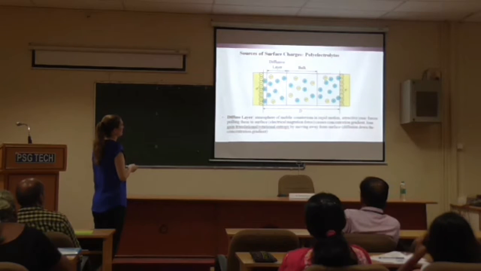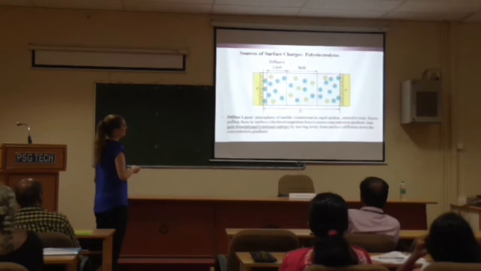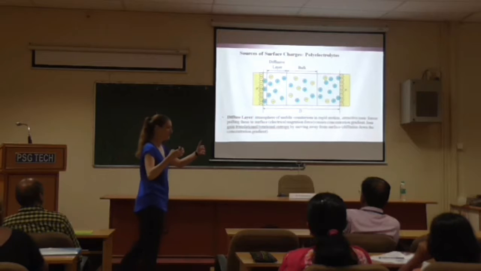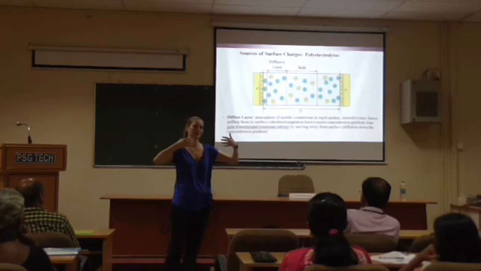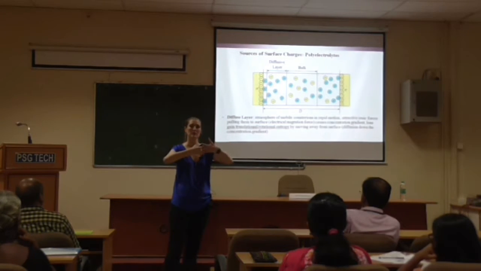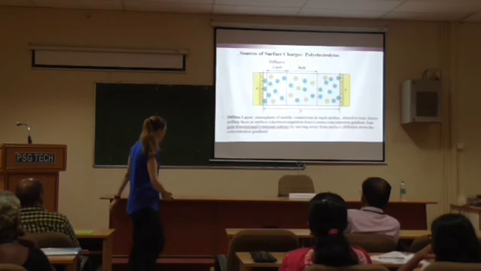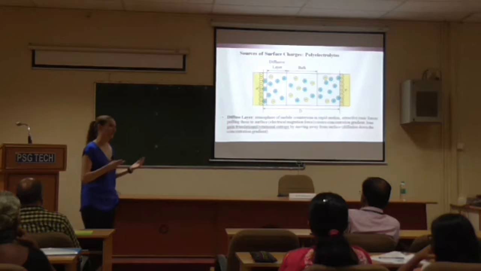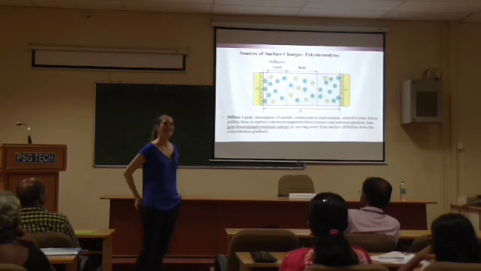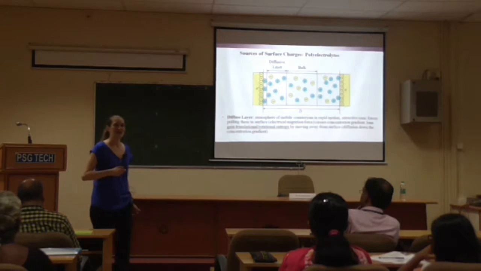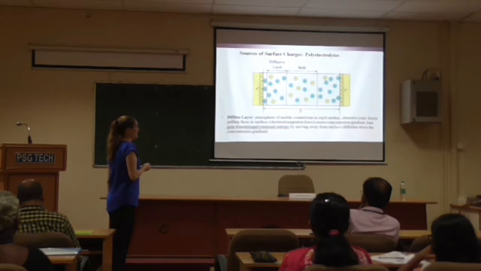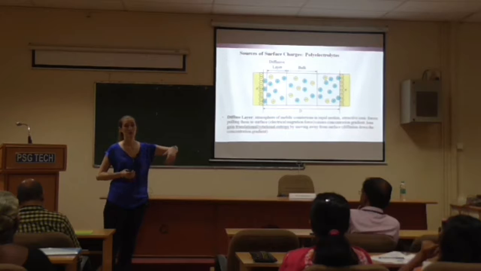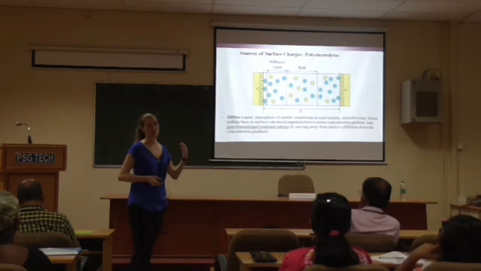So this is the layer we're interested in, the diffuse layer, because if I have two surfaces interacting, that's the layer where, when they come together, they start interacting with each other. Now, the crazy part, as an experimental person, having done experiments, is that depending on the salt concentration or the ionic strength of your buffer, this diffuse layer can extend quite far away from your surface.